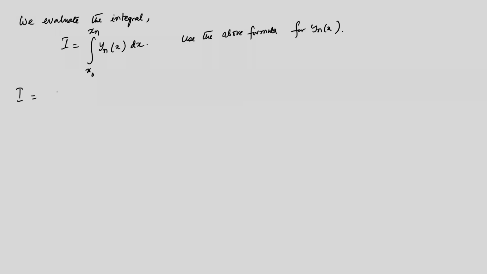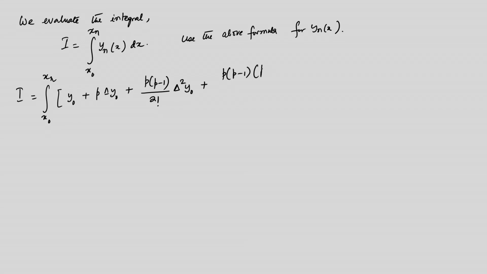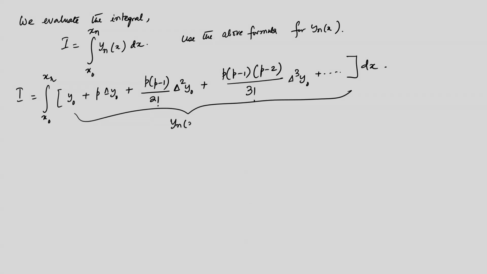So, I simply now go ahead and substitute this from earlier. So, it is x 0 to x n, and then we have y 0 plus p delta y 0 plus p into p minus 1 by 2 factorial delta square y 0 plus p into p minus 1, p minus 2 by 3 factorial delta cube y 0 and so on, and then there is a dx that is there. So, this is nothing but the y n of x.